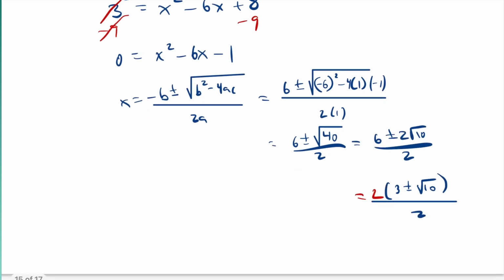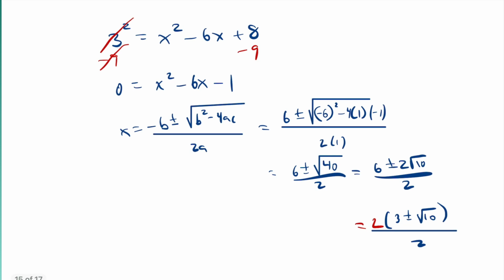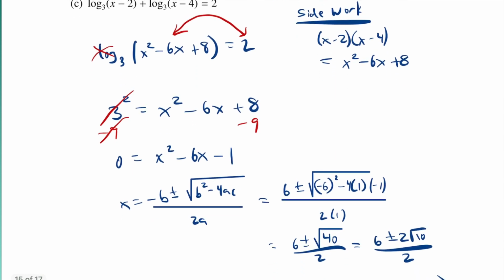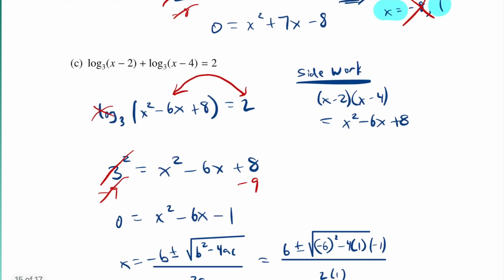So our final answer is going to be 3 plus radical 10 and 3 minus radical 10. But this is a negative number. If you type this into your calculator, you're going to get a negative number. And if you plug in a negative number here and here, you're going to be taking the log of a negative number. So this one is out.